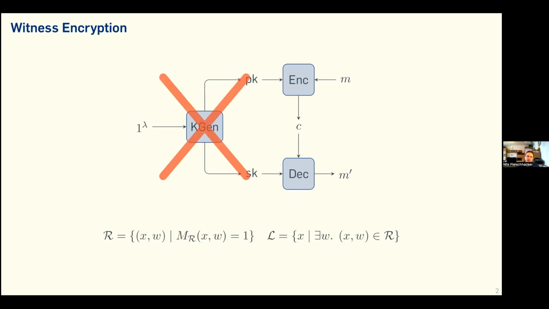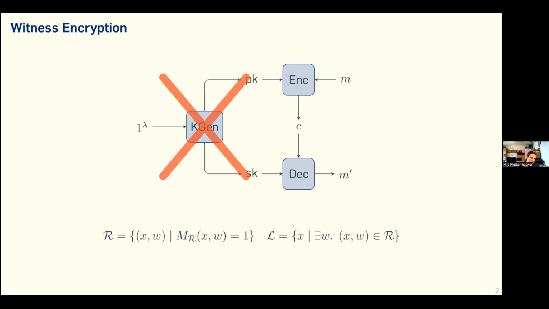So the idea is to get rid of the key generation part and replace all of this with an NP relation. An NP relation is basically just an efficiently checkable relation. This relation R consists of pairs X and W, and there's some efficient algorithm M_R that checks if X and W are in the relation or not.